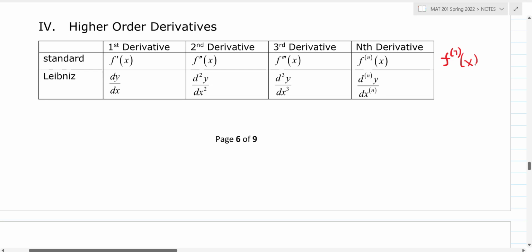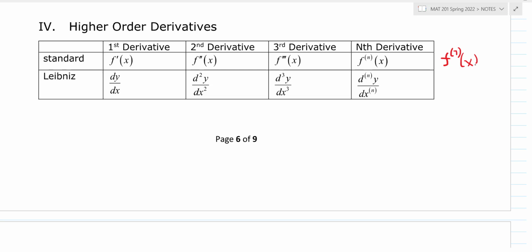Now, you may wonder, what in the world do we use higher order derivatives for? Well, in a Calculus 2 class, where you'll begin to learn about infinite series, you'll learn about something called Taylor polynomials. The idea is that this can be used to estimate things like a square root to many decimal places, pi to many decimal places, and so forth.